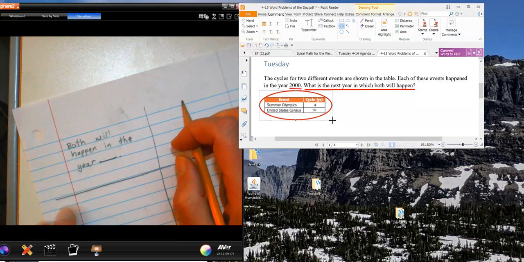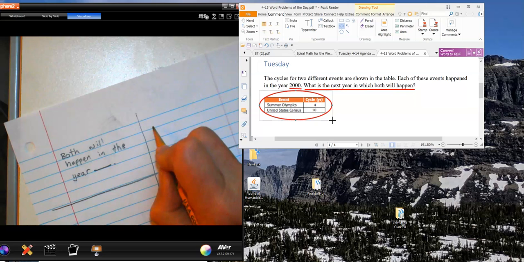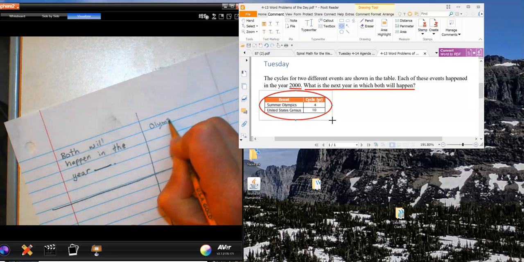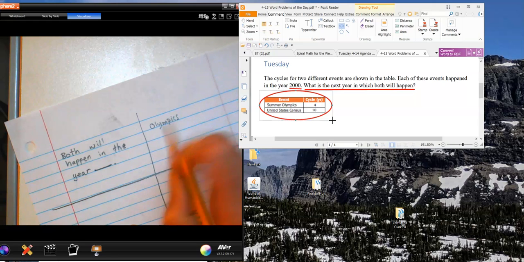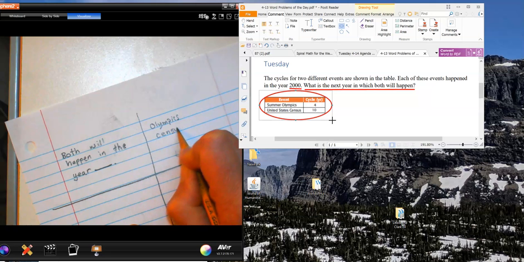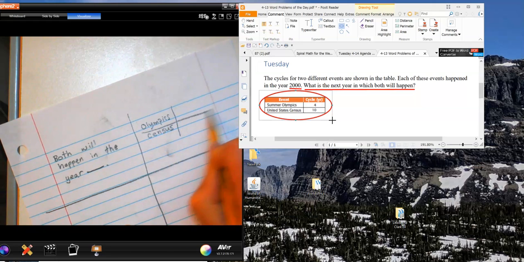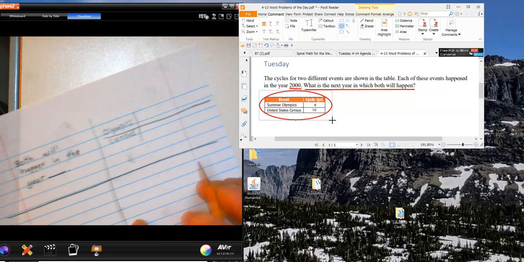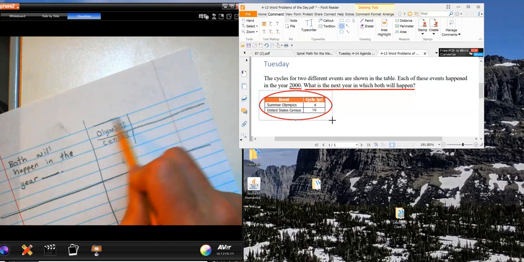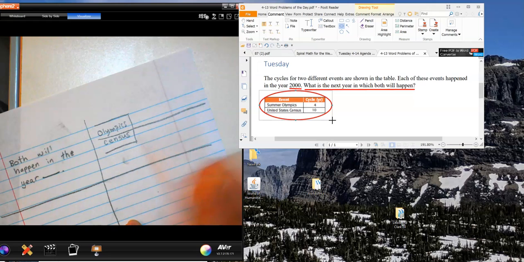On my paper, I'm going to write my own table. We'll call this one the Olympics. And then we'll call this one the census. We'll start off here by making 2 rows. And then I could set up my table so I could follow the pattern.